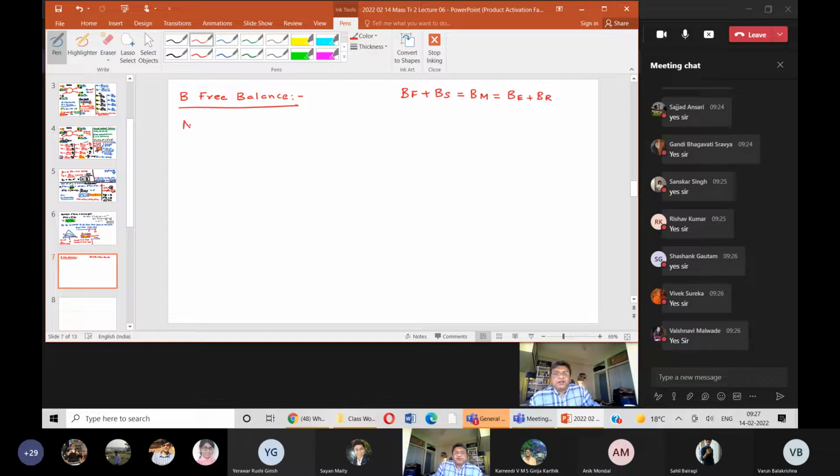B in F is equal to NF into B dash F dash, plus NS into S dash, is equal to NM into M dash, is equal to NE into E dash plus NR into R dash. Okay.